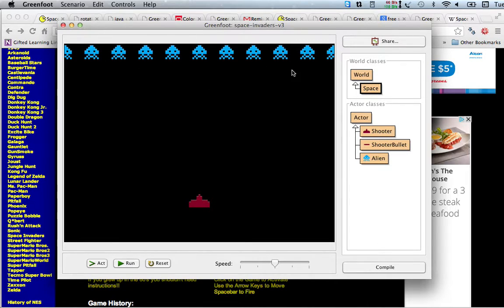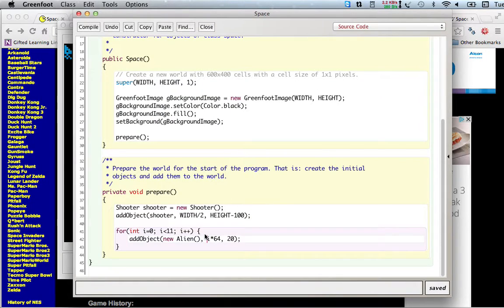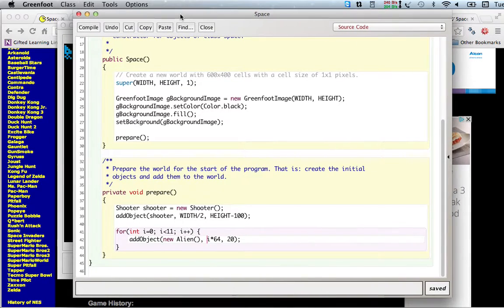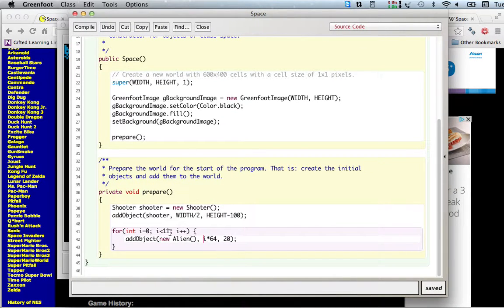So we have our 11 aliens, and right now the way we're spacing them is we're going from 0 and we're ending up at 640, right? Because when i equals 10, i times 64 is 640. So the last alien is placed at 640.